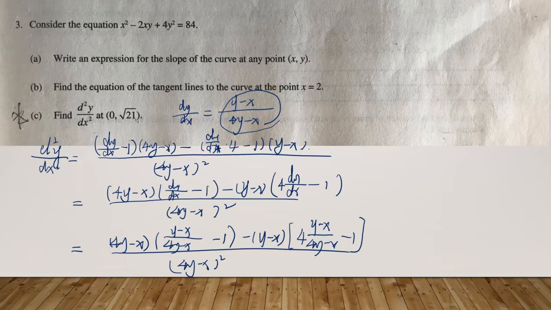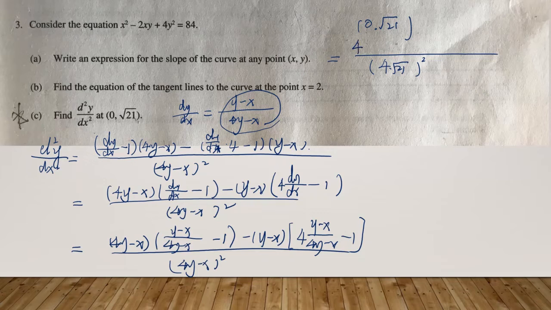We can just plug in the information we have, which is 0, square root of 21. So it equals 4 times the square root of 21 minus 0 squared.